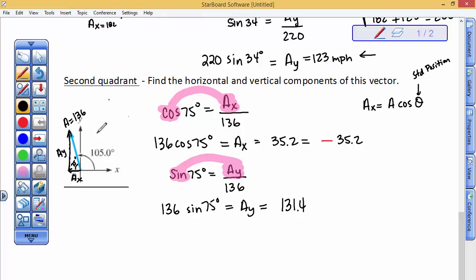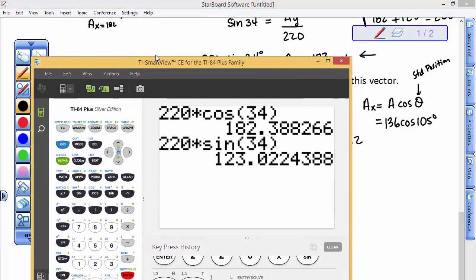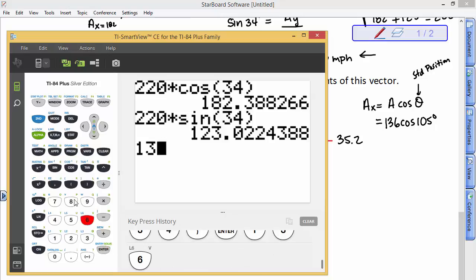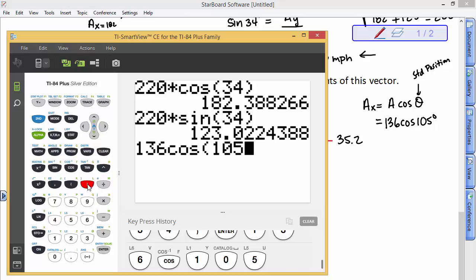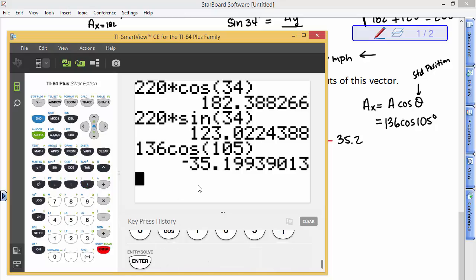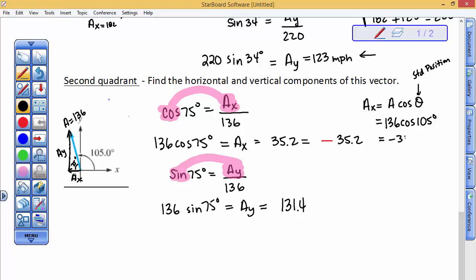So if you would type 136 times the cosine of 105 degrees, it gives us the negative sign. So we got an answer before of 35.2. By using the 105 degrees, I get the negative sign because in the second quadrant, cosine is negative.